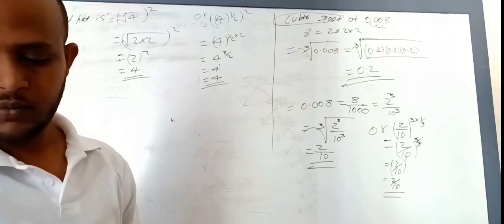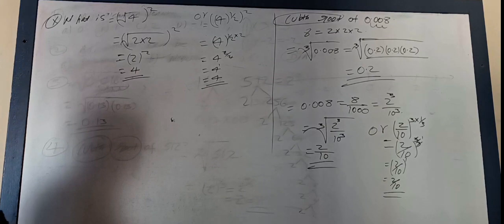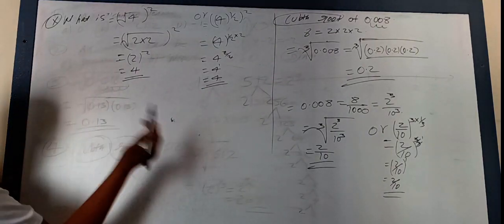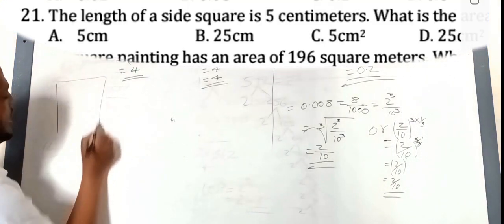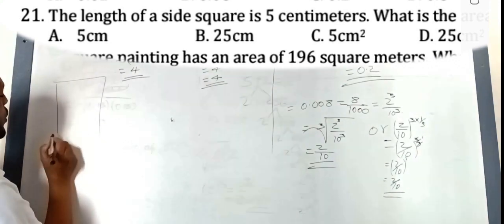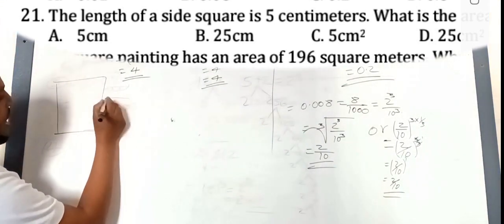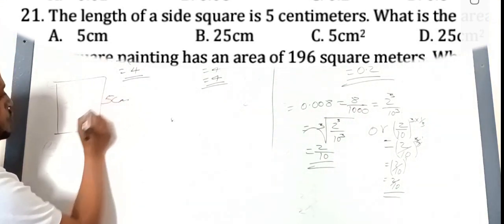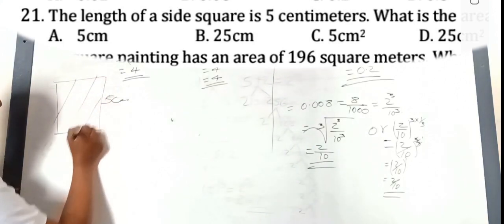And another question, it's all about area. A square has a 5 centimeter length. So what we are asking is the area.